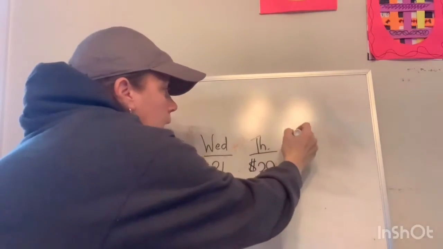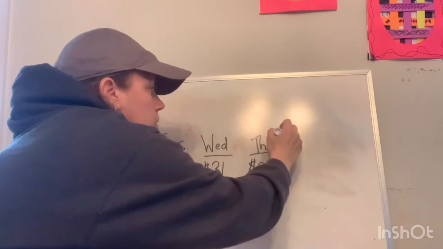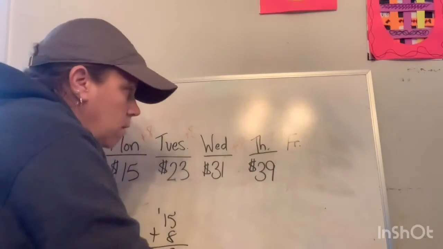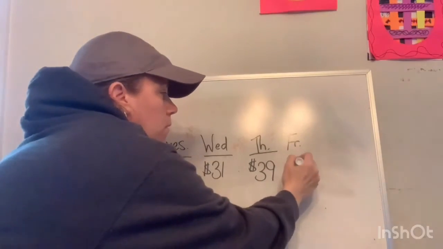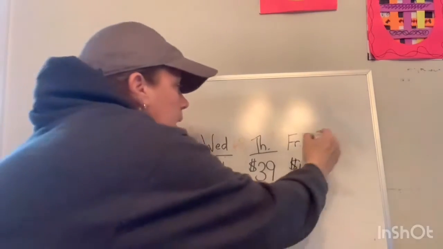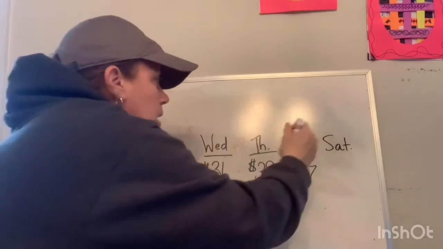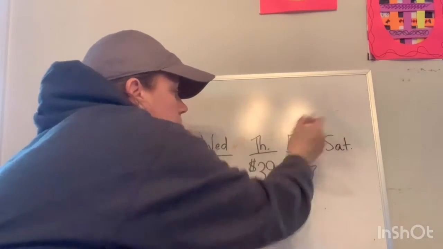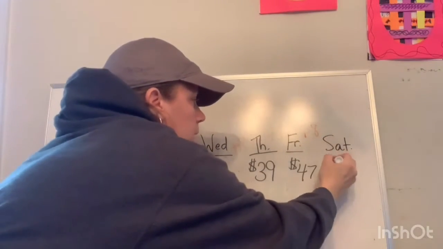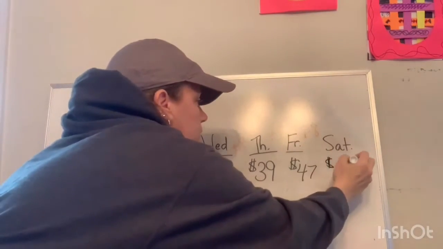On Friday, he gets $8 more from Thursday, and that will be $47 altogether. And now the big kicker, on Saturday, he got another $8, and that will be, drum roll, $55.